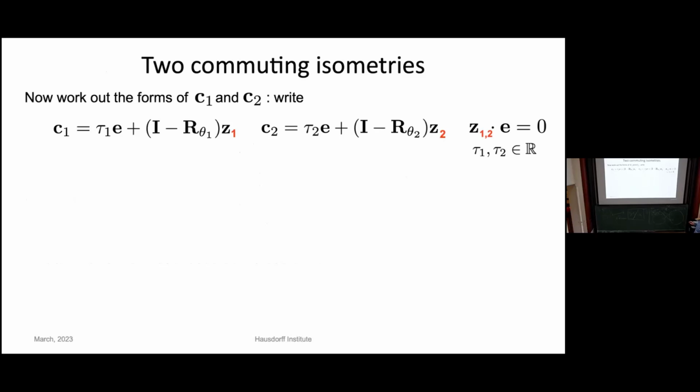I can always write C1, which is any old vector in R3, as something along the axis plus something perpendicular to the axis. And although R theta 1 has axis E, identity minus R theta 1 is invertible on the space perpendicular to E. So it's always possible to find a vector perpendicular to E so that C1 can be written this way.